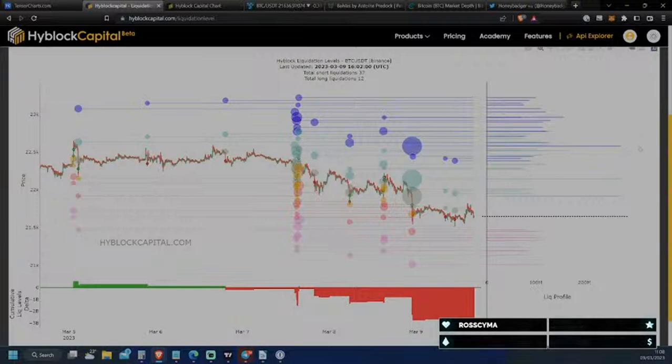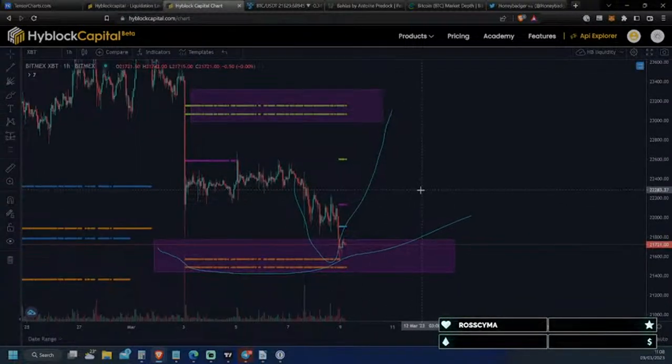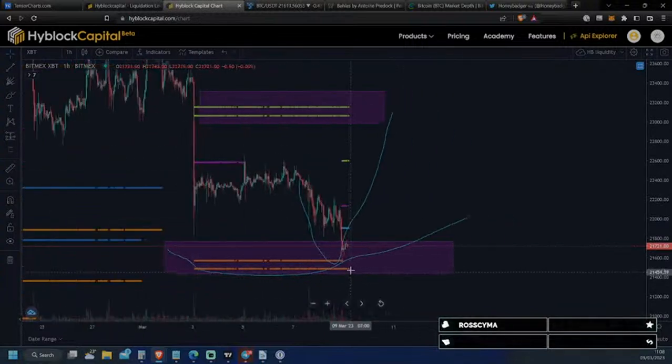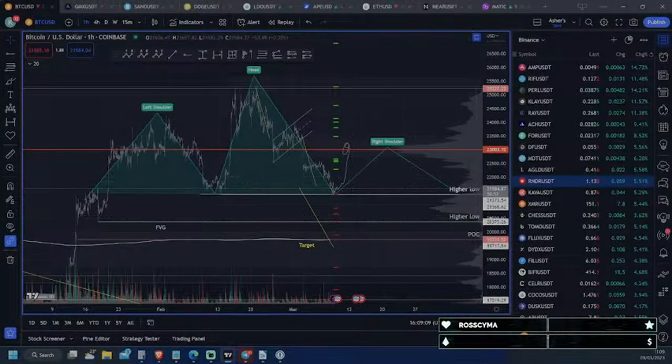Then we can head up there pretty fast. This is another look at the liquidity pools. We've taken these ones out. We've got this one, this one, this one, and potentially this one. Now, if we take out this one up here, then that would also fill that fair value gap, or that inefficiency that I was talking about.